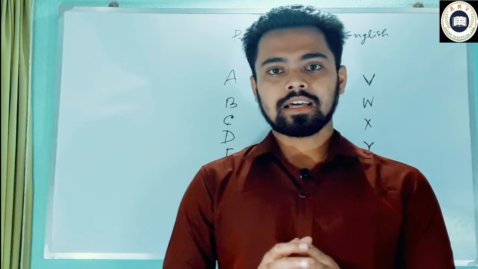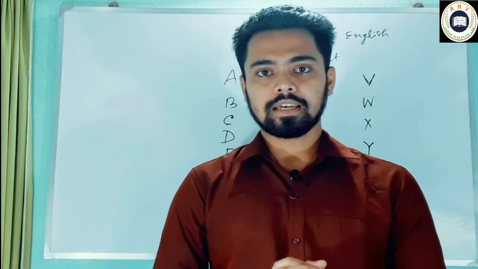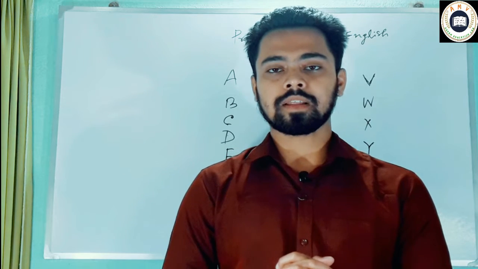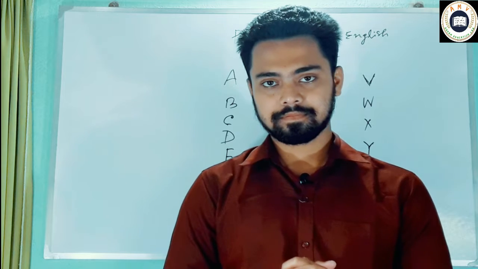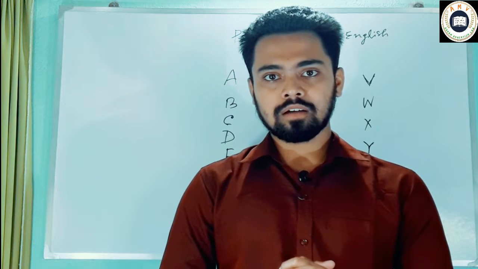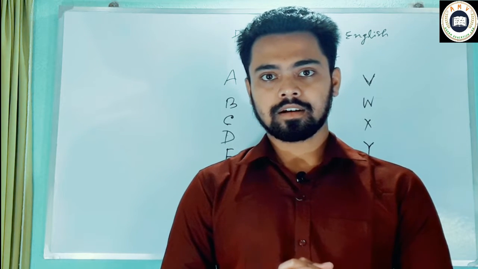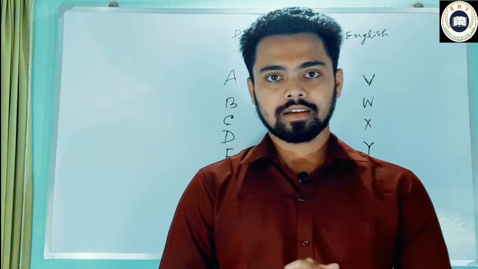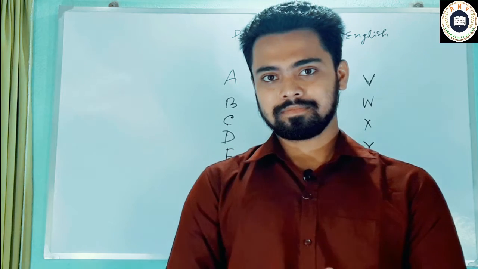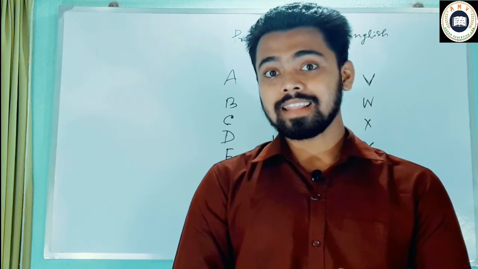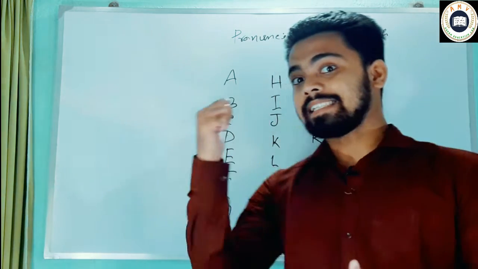I'll start our lesson by learning the English pronunciation of the English alphabet, the ABCs. And I will pronounce each letter of the English alphabet and you will pronounce after me. So let's get on with it.